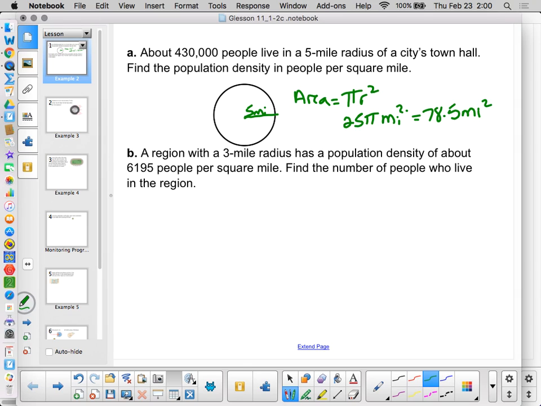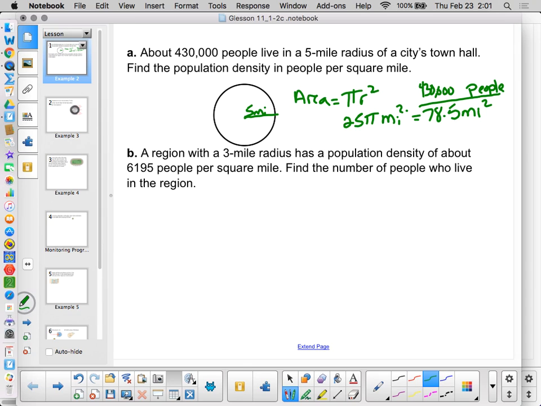And the population density is the number of people per square mile. So just as a hint, we're going to put people on top of our ratio and miles squared in the bottom, because people per square mile is people over square miles. And we know we have 430,000 people for 78.5 square miles.